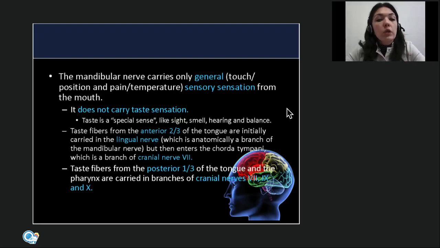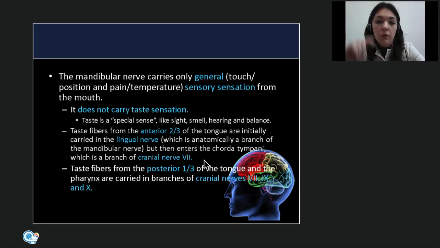So taste fibers from the anterior 2/3 of the tongue are initially carried in the lingual nerve, that is anatomically a branch of the mandibular nerve. But then these fibers enter the chorda tympani, that is a branch of the seventh cranial nerve. And via the chorda tympani, they finally reach the solitary tract nucleus.